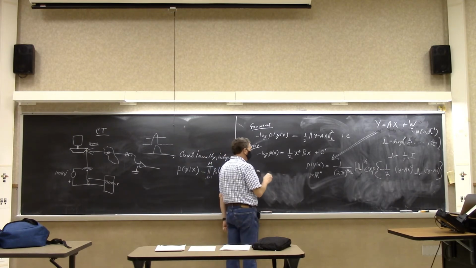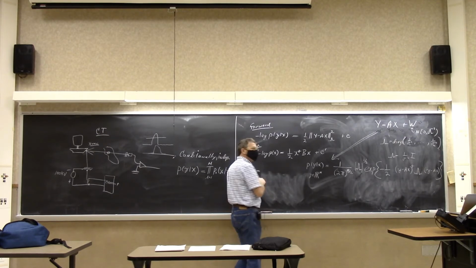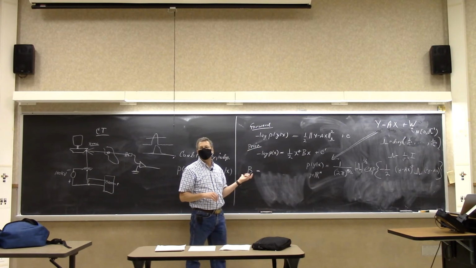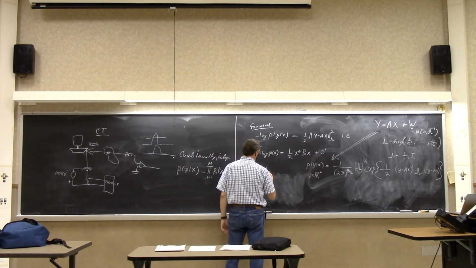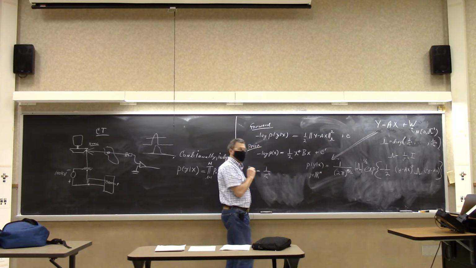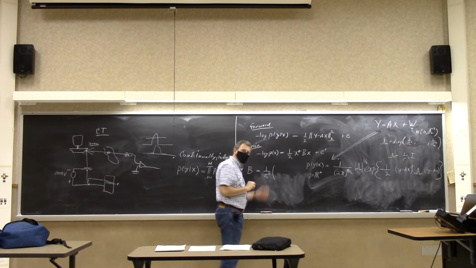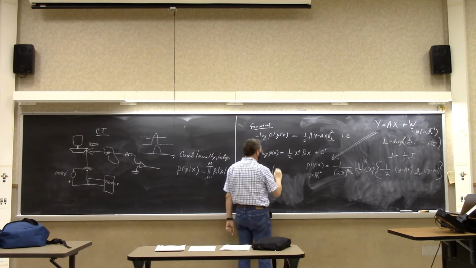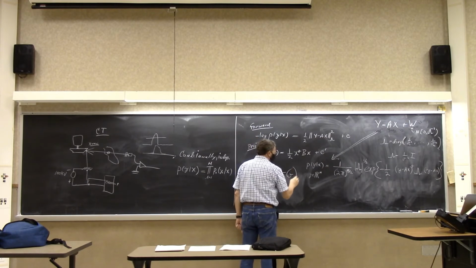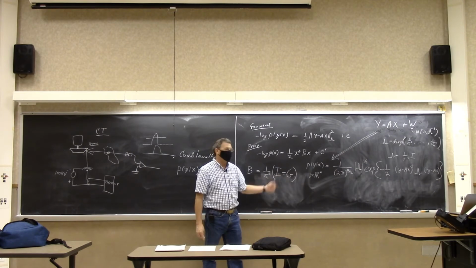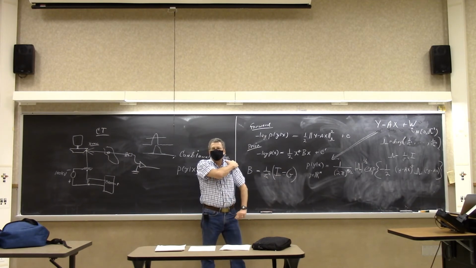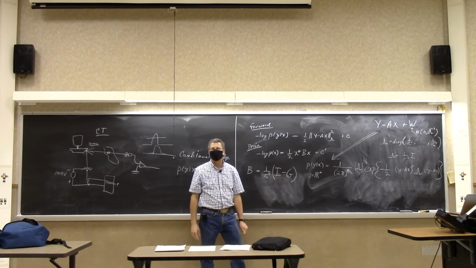The diagonal entries of B are 1 over sigma non-causal squared, and then the matrix is I minus G, where G is the predictor. G is a symmetric matrix, since we're assuming it's circulant.